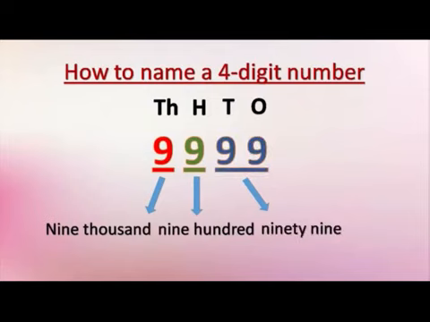Tens and ones digits are 99 means 99. So this number is 9999. So the number name of this number is 9999. And this is also the greatest 4-digit number.